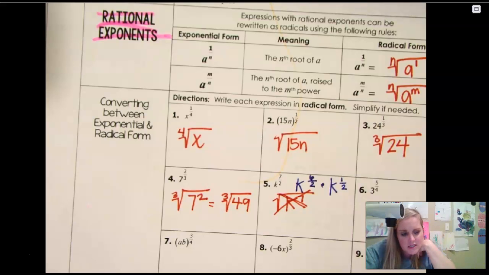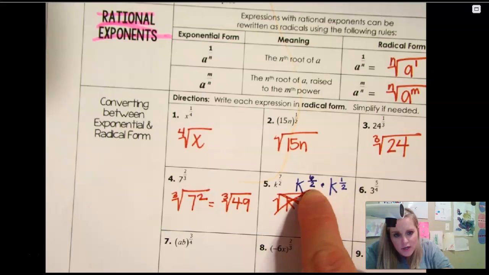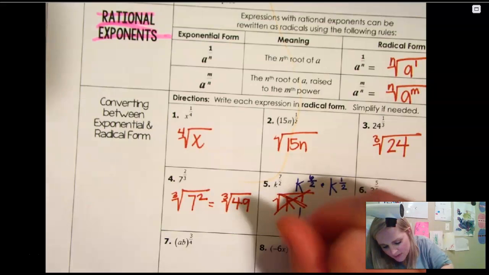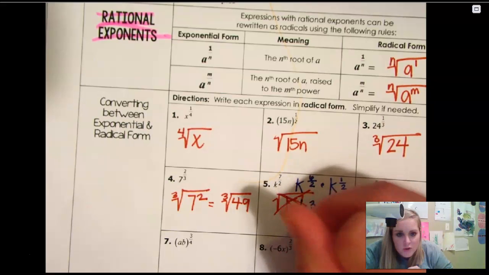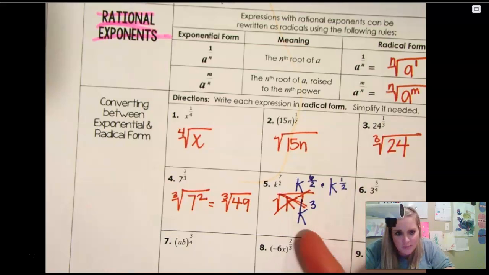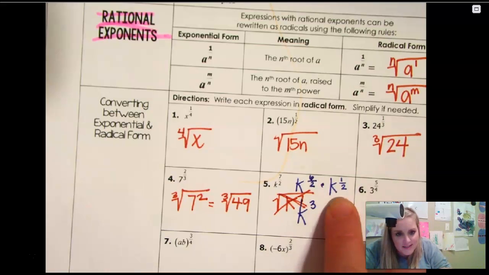Okay, so what that is going to do is simplify and no longer give you a fraction. 6 divided by 2 is 3, k to the 3rd, which is just normal. There's not going to be a radical there. It would be like 3 over 1. There's no such thing as a 1 root, so that's just going to simplify.